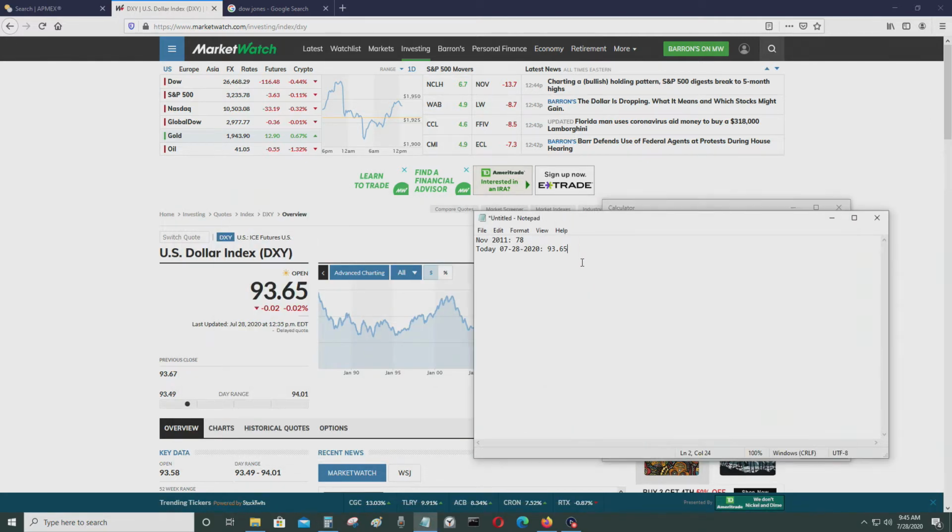So the dollar index was about 16.7% lower in November 2011 than it is today. But the price of gold in November 2011 was about $1,950. Let me see if that's true.